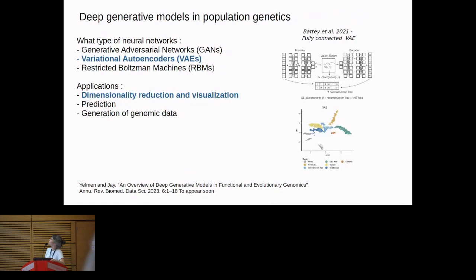Here is one of the examples from the paper, where we comment on this paper that uses a variational autoencoder to reduce the dimension of the genetic sequences to a small latent space that they can then visualize, and here they show the structure of human populations that seems to correlate with geographic location on the map.